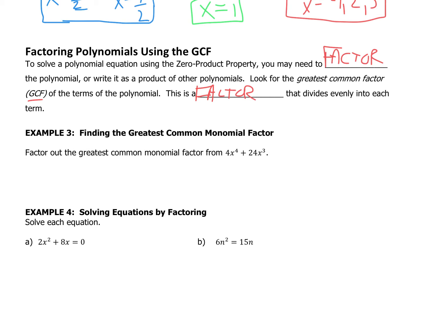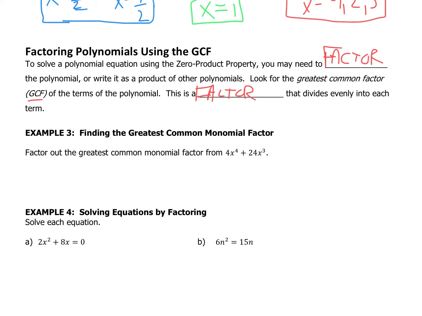It's the same idea in our polynomials, but now we're looking for the greatest factor that's a term. It could be a number and variable combination, or a variable with variable combination, the greatest common thing that we can pull out of all of our terms.